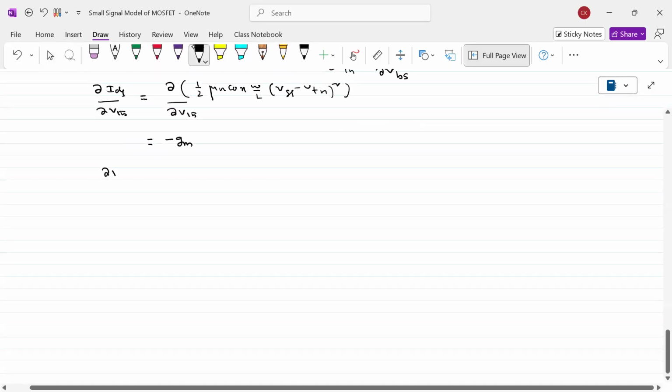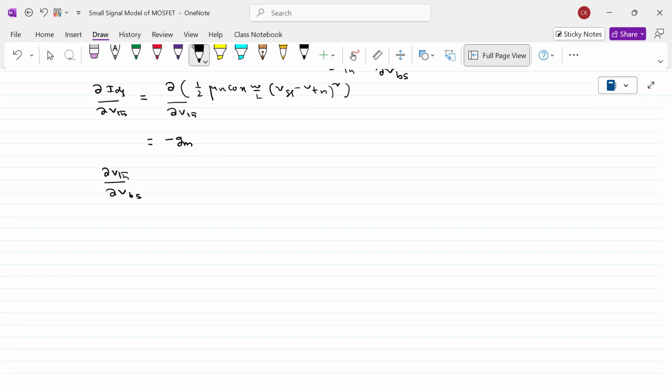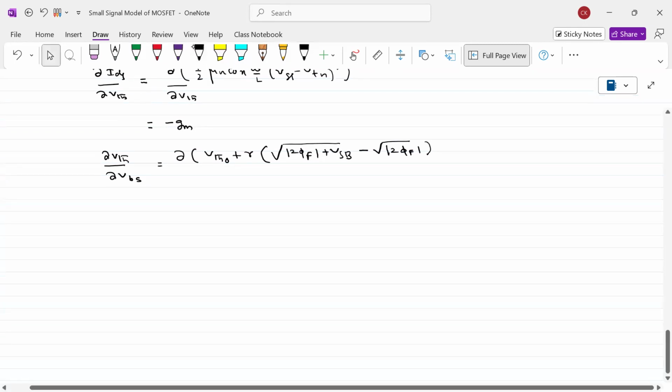Now what is the second one? The second one is dou VTH divided by dou VBS. So what is the VTH here now? We have already seen VTH is VTH naught plus the body effect coefficient gamma into square root of magnitude of 2 phi f plus VSB, minus square root of magnitude of 2 phi f. Look at this one, it's a VSB, not VS. With respect to VBS.